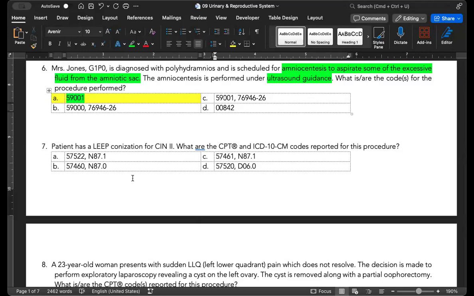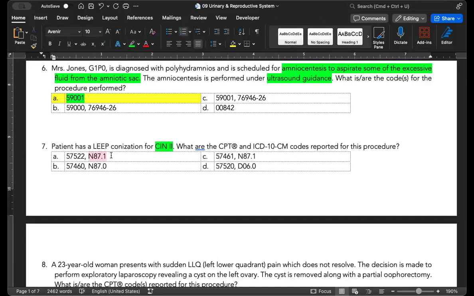I would look at N87.1 because it's in A and C. We can either confirm it should be A or C, or rule out and say that it's not A or C. N87.1's official definition is moderate cervical dysplasia, but underneath that there's an includes note that has cervical intraepithelial neoplasia 2, or CIN 2.